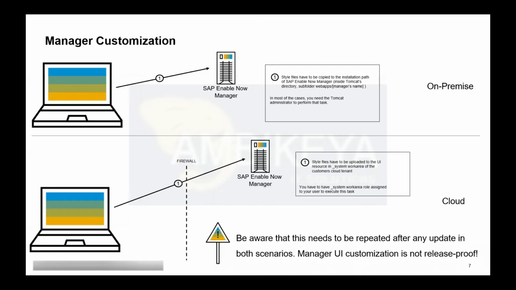In my case, they mostly give it to me, but I don't know what your experience is. Sometimes the administrator is located in Bangalore and your project is in Sydney, and then you probably will not even be in the same time zone as that person and you will have no access. So then you just have to manage that somehow. But keep in mind, all the other modifications can be done on your own without any restrictions. Manager customization is the only one where you probably need a second person.